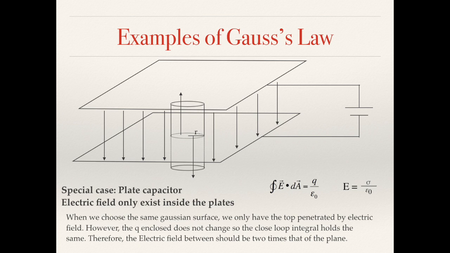The terms on the right are the same, while the left has half the area. To make the equation balanced, the electric field should be doubled and equal to sigma over epsilon 0.